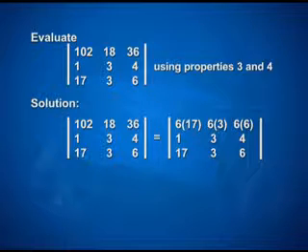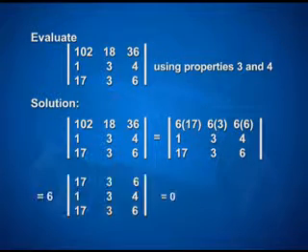Can you find something interesting here? Yes, 6 is common in the first row, so we can take it out and write 6 multiplied by determinant 17, 3, 6, 1, 3, 4, 17, 3, 6.